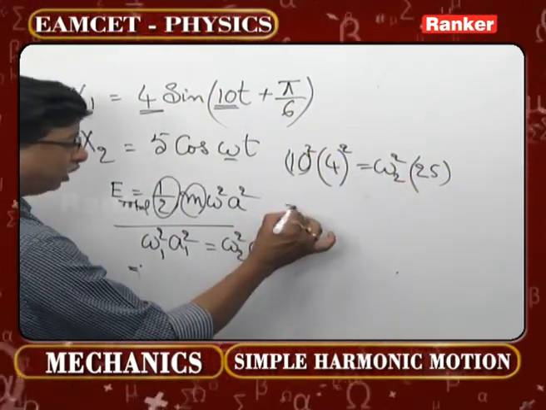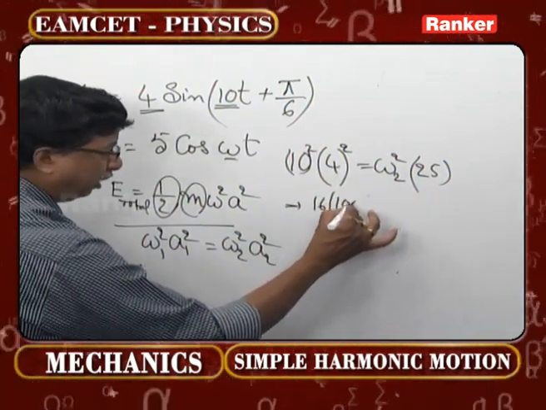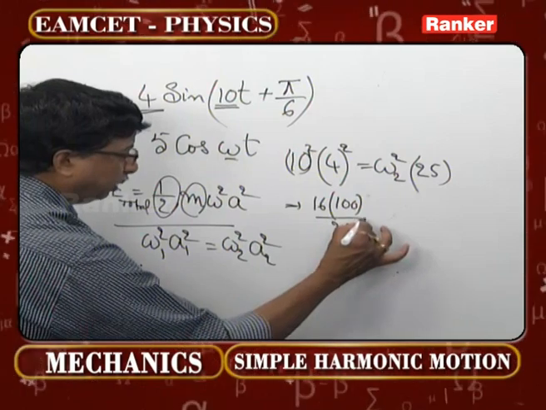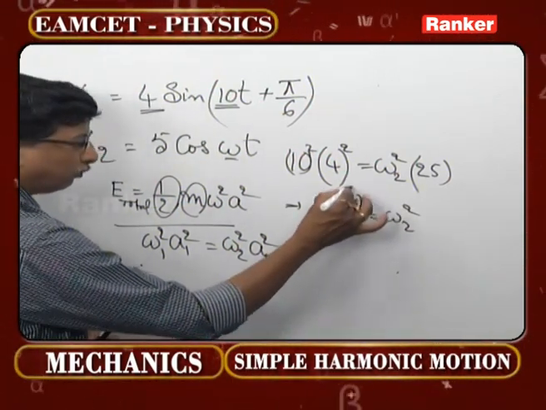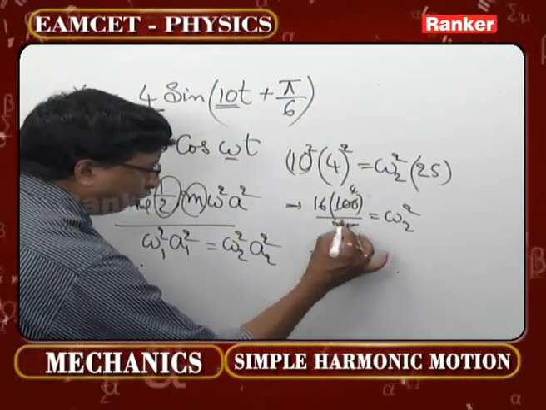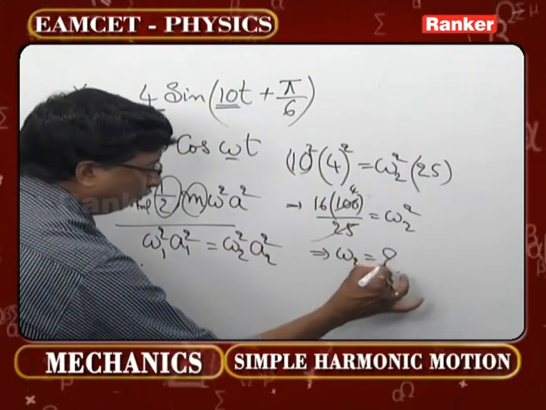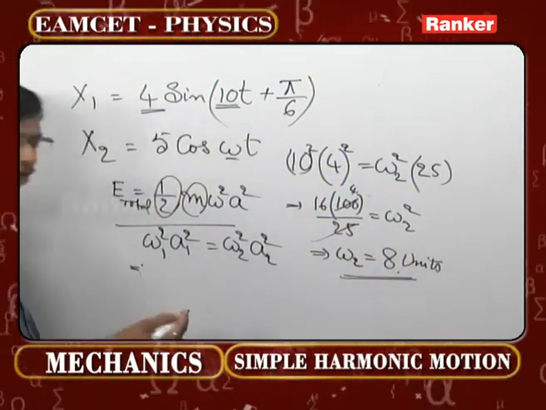So what happens here now? 4 square is 16 times 100, by 25, that is equal to omega 2 square. This goes 4 times. So what will be the value of omega 2 now? It will be root of 64, which is going to be 8. 8 units, you can write.